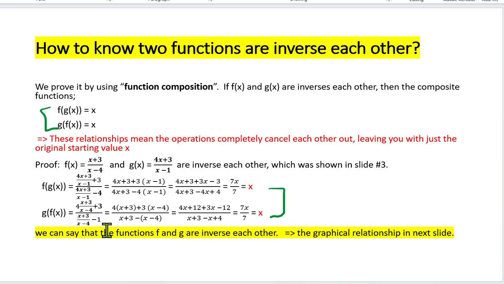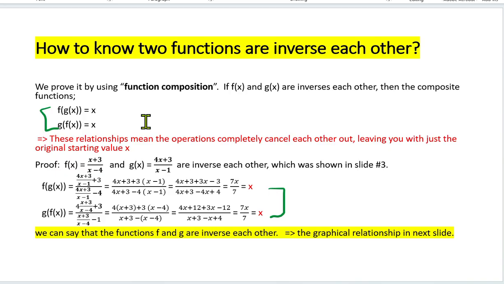In the denominator, x minus 1, we put x plus 3 over x minus 4 minus 1. The denominators x minus 4 cancel each other, and we rearrange and simplify, then we get x. So we proved that f of g of x came out to be x, and g of f of x came out to be also x.